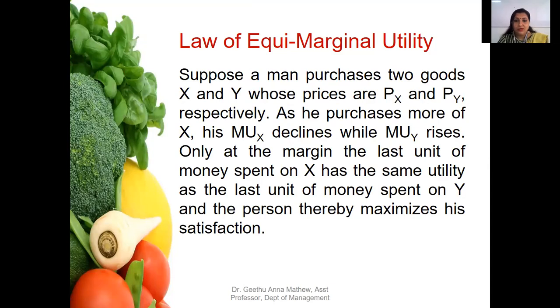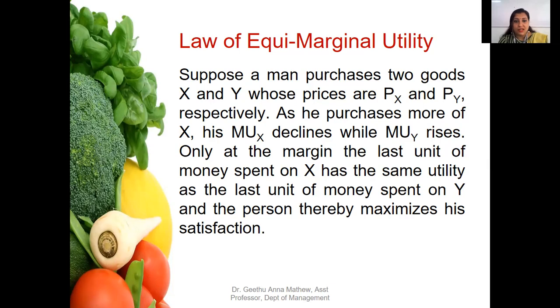I'll explain to you in detail. Suppose a man purchases two goods, X and Y, whose prices are PX and PY. As he purchases more of X, his MUX, that is the marginal utility of X, declines, while MUY rises.